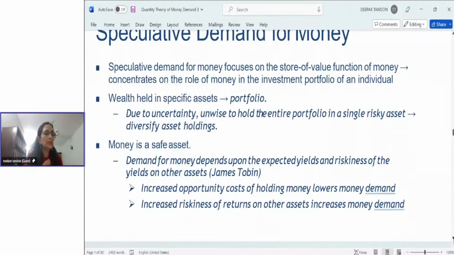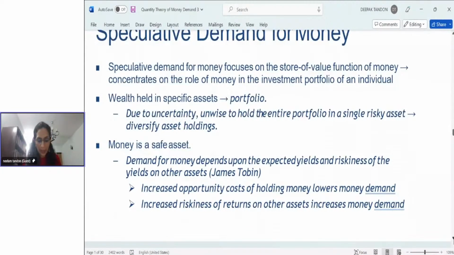Then Cambridge's Pigou gave K, which depicts how much of your income you want to spend. He took care of wealth and interest rate, but he didn't speak about that. Now we are talking about Keynes.